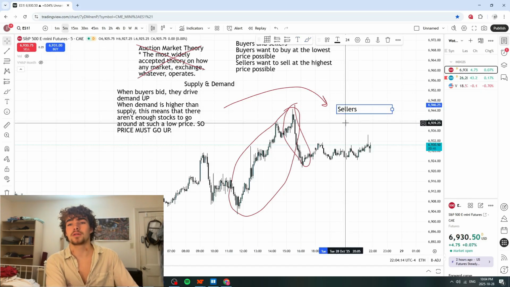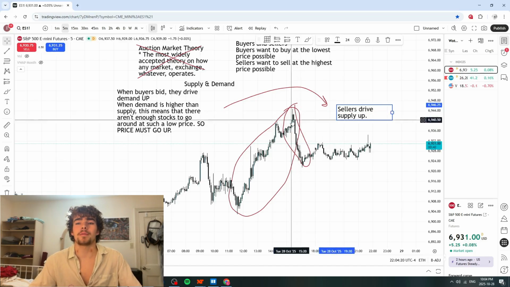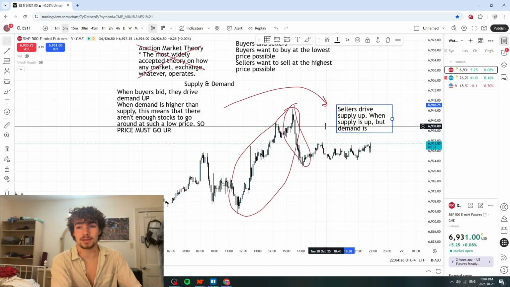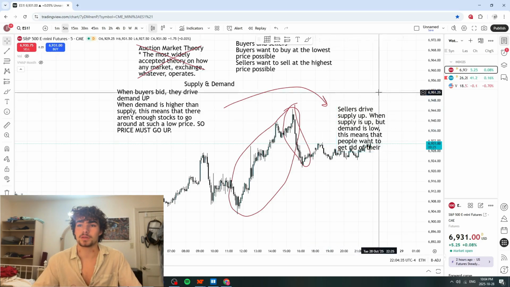Sellers drive supply up. All right? And when supply is up but demand is low, this means that people want to get rid of their inventory. Well, let's get this back over here.